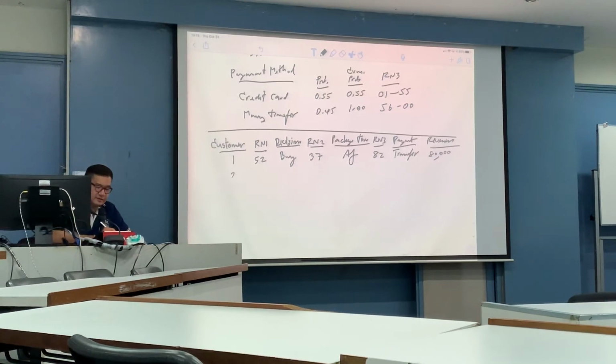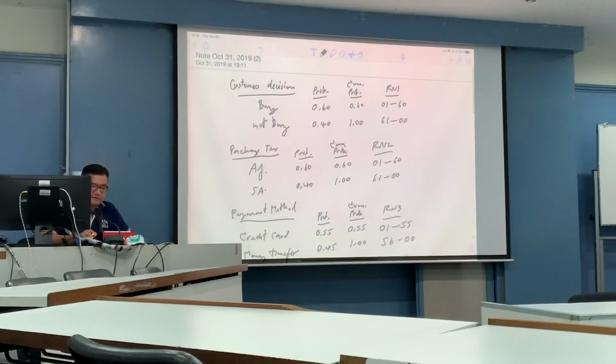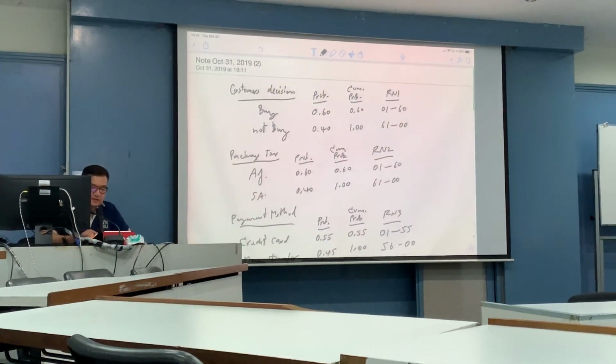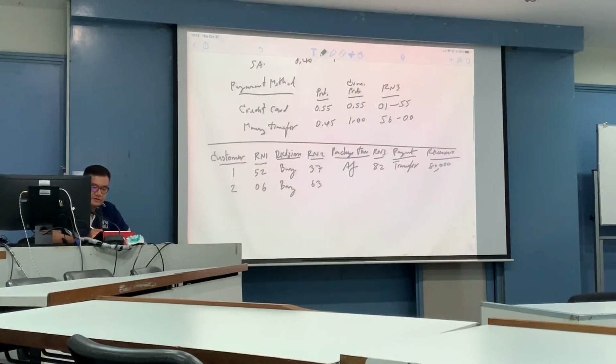How about the second customer? The next one is 06, like in the first row. 06 is in the range of 01 to 60, so they still buy. The next one is 63. 63 is in the range of 61 to 100, so the package will be South America.